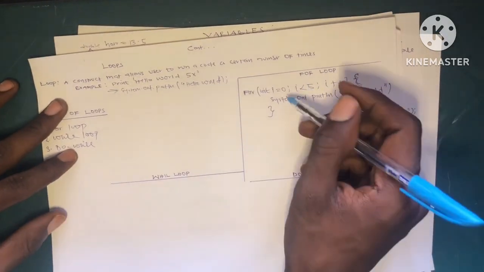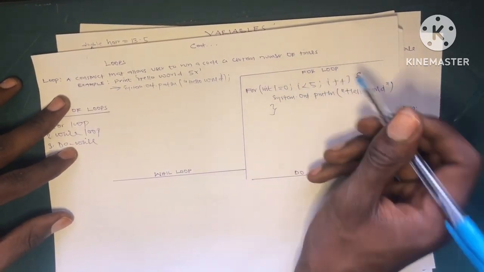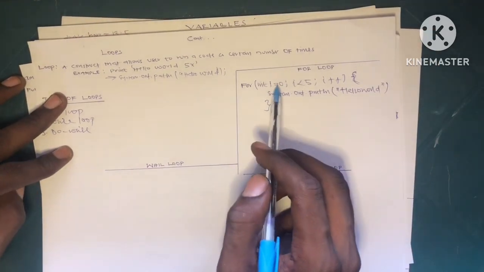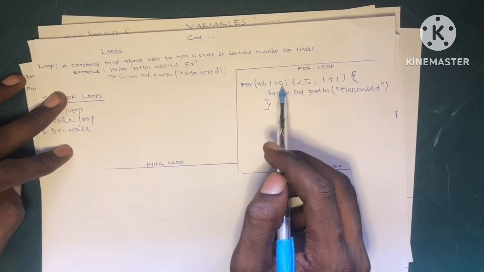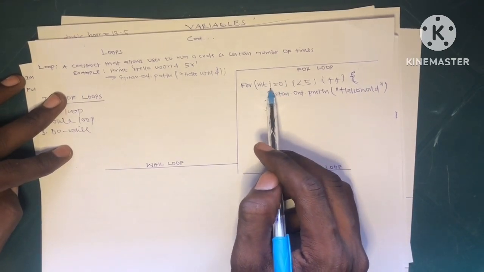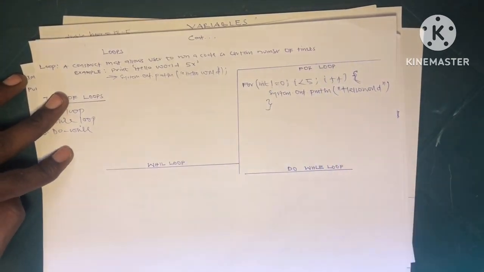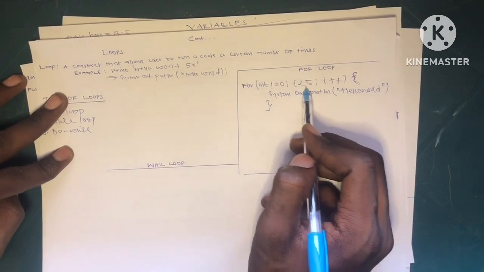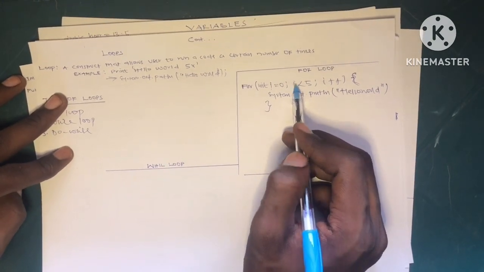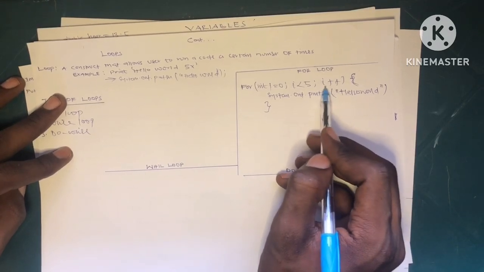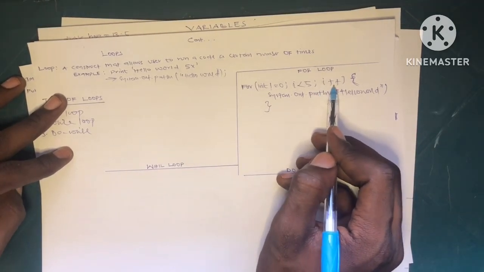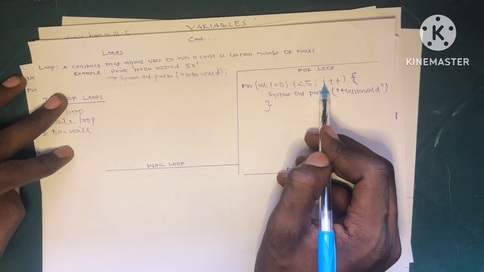Now, what do these things mean? What we are doing here is creating a variable called i of type integer and assigning it 0. This is a conditional: is i less than 5? This is the only part I know you will not understand: i plus plus means it will keep adding 1 to i.